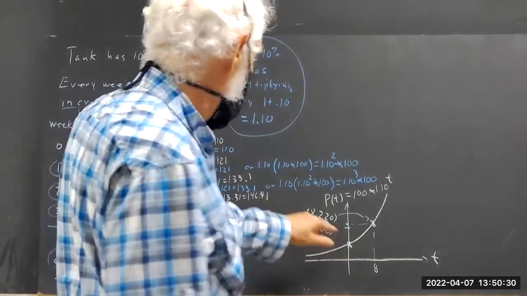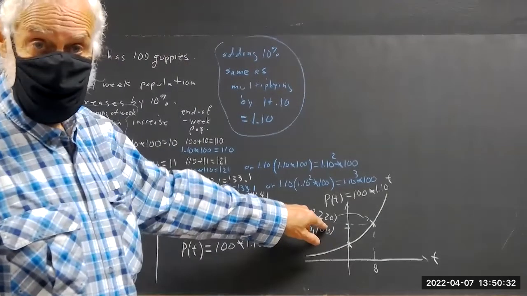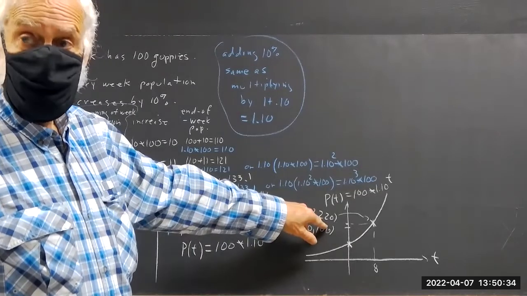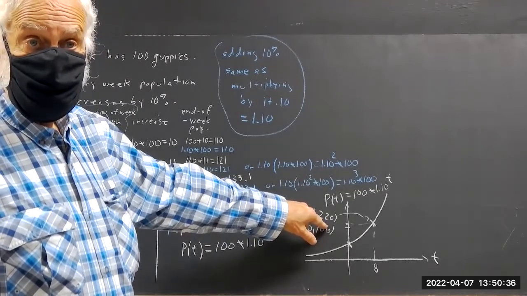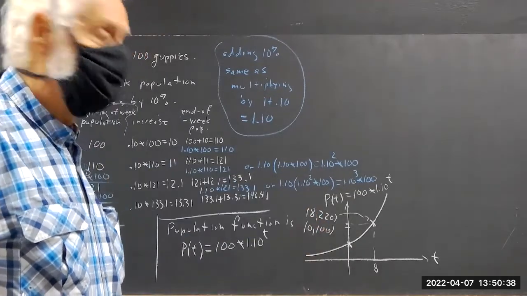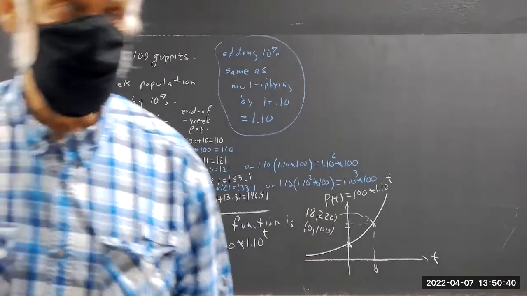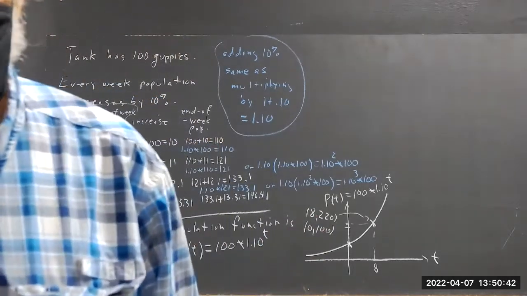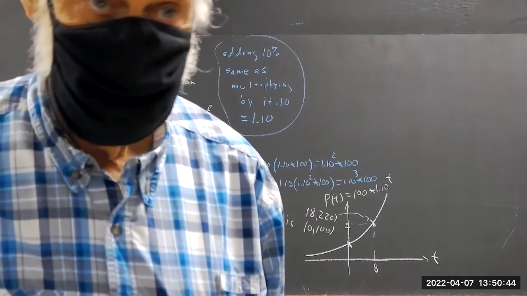Notice that in 8 years, you've a little more than doubled. This would double in about 7 years. And you could solve for that using logarithms, which we'll get to next week sometime. Okay.